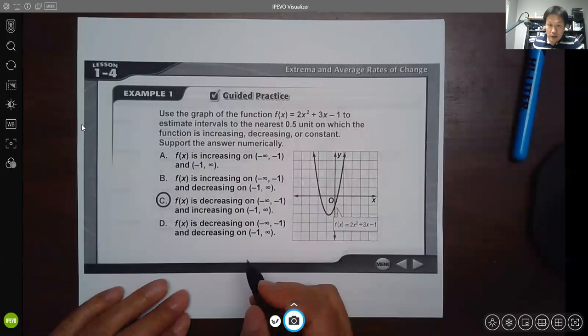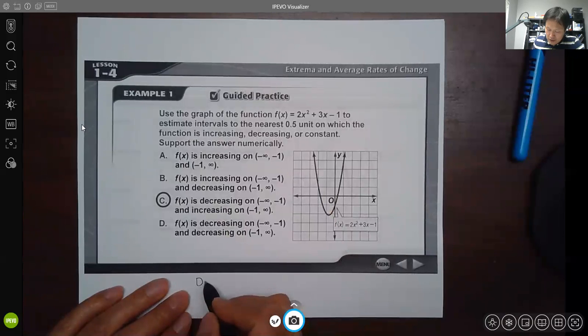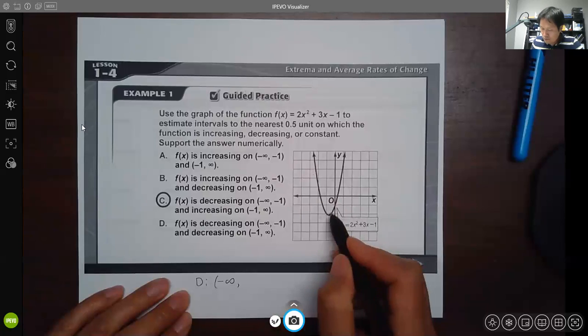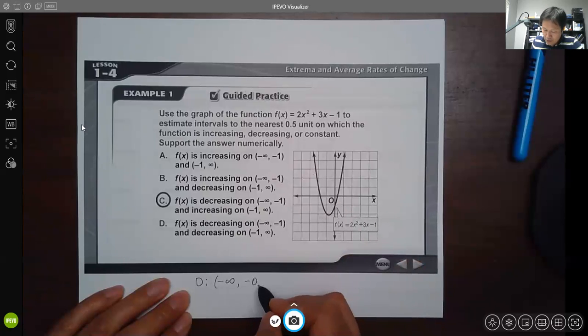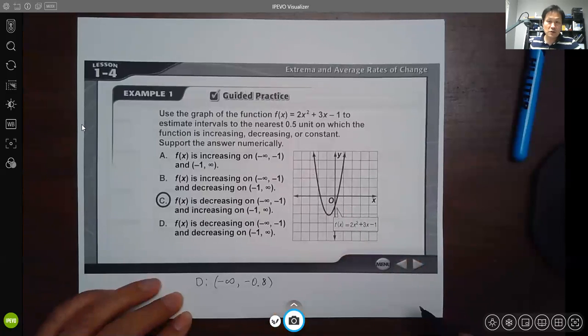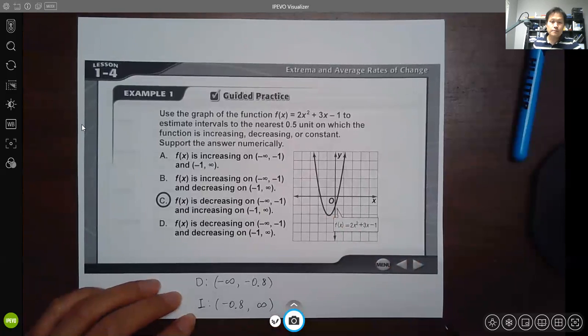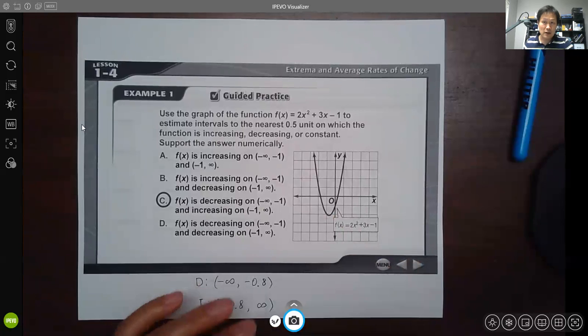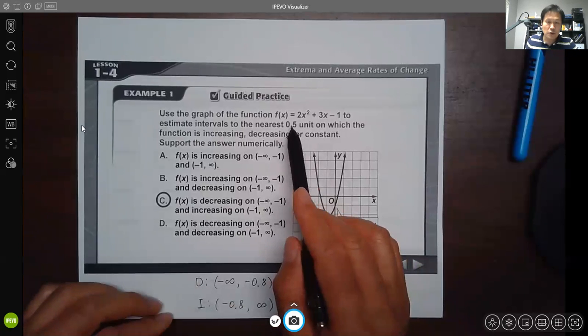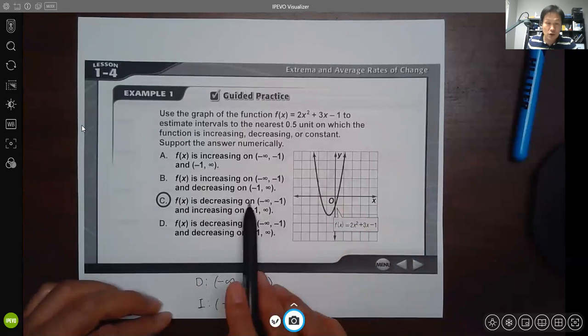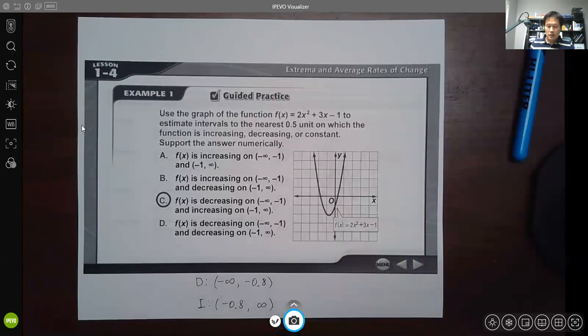So I would say the answer will be decreasing from minus infinity to maybe minus 0.8, for example. And increasing will be from minus 0.8 through infinity. That would be the precise answer. Since they're saying 0.5 units, they cut it at -1. But yeah, the exact answer will be something like this.